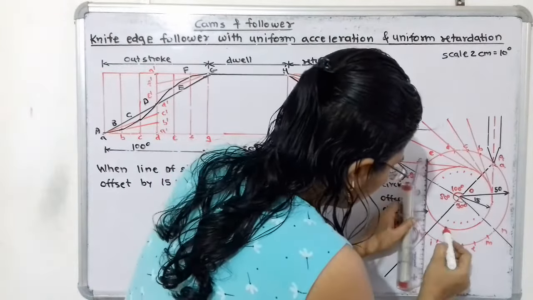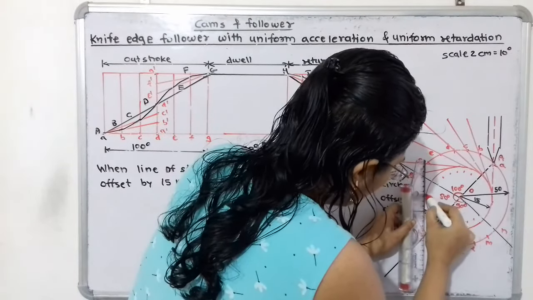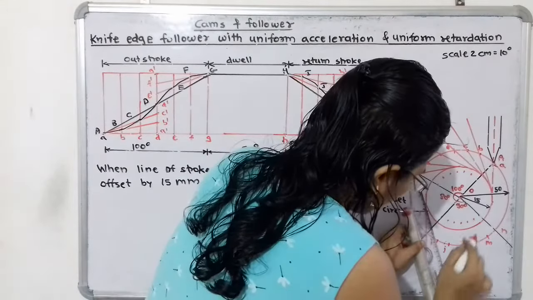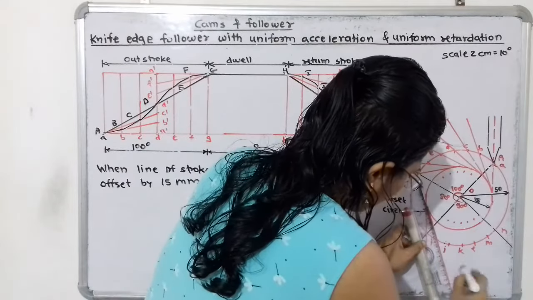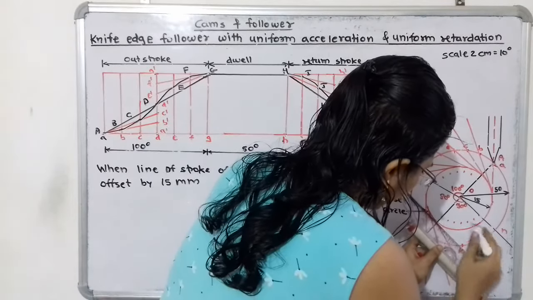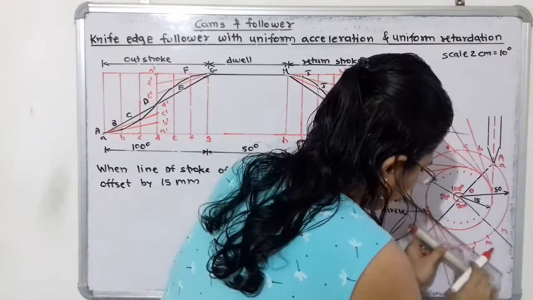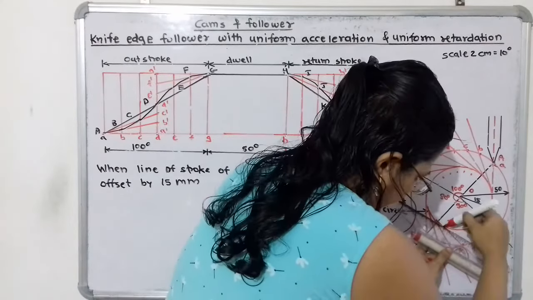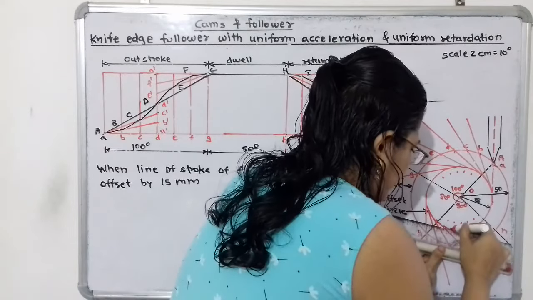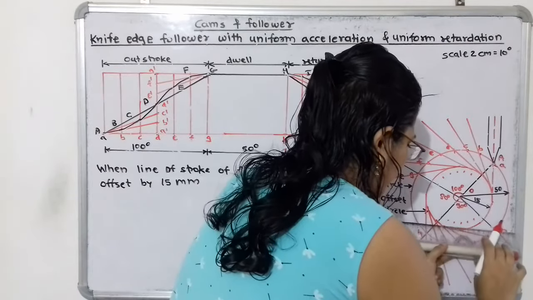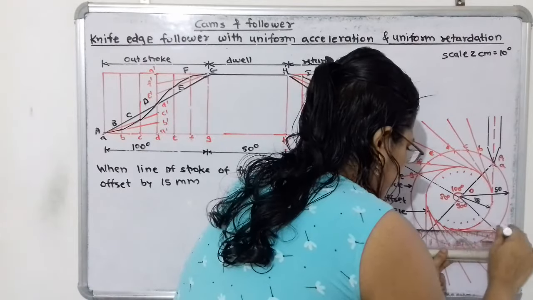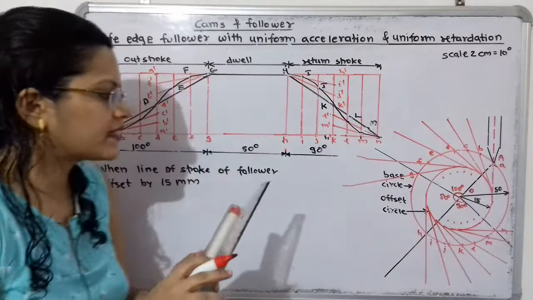Then for H also we have to draw one tangent. So these are the tangents.